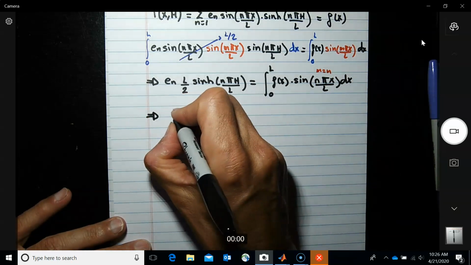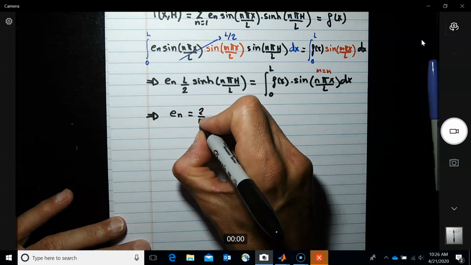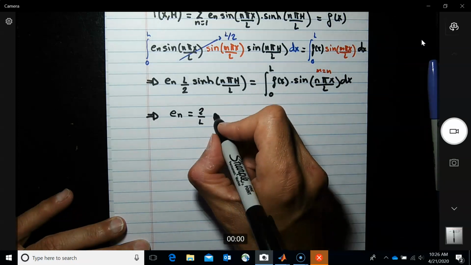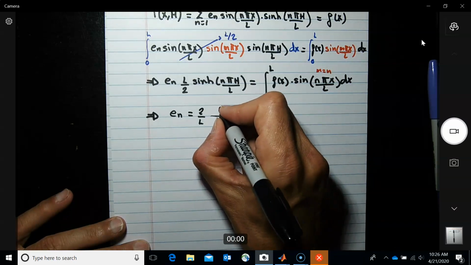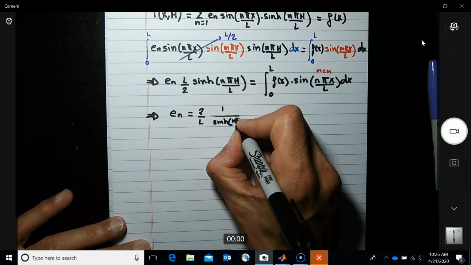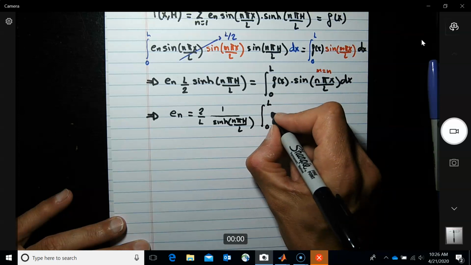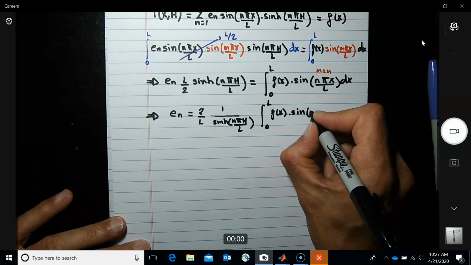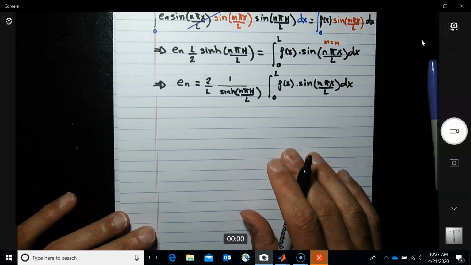So this will mean that E sub n is equal to 2 over L, times 1 divided by sinh n pi h over L, times the integral 0 to L of f(x) sine n pi x over L dx.